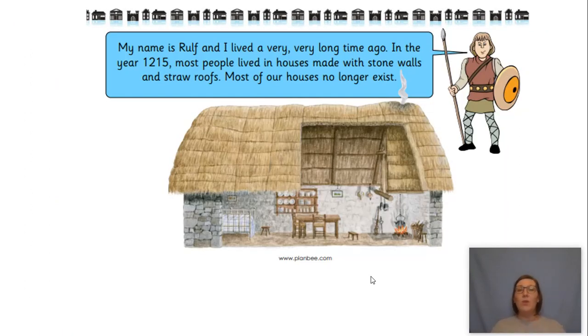So here is Rolf, and he lived a very, very long time ago in the year 1215. Most people lived in houses made of stone walls and straw roofs, but most of their houses no longer exist. So these houses had straw roofs. Can you see that? The roofs are not made of clay tiles like how they are now.